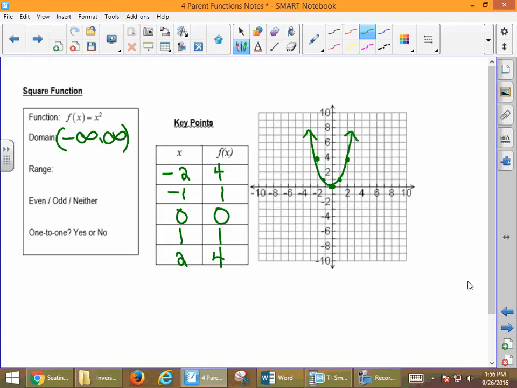We happen on this one to have a low point on the graph. Our lowest point in the y values, because the range is represented by the y's, is 0. So our range would be 0 to infinity, 0 included. For some of you, you might prefer y is greater than or equal to 0.